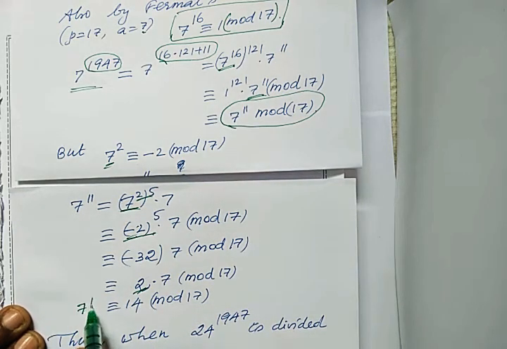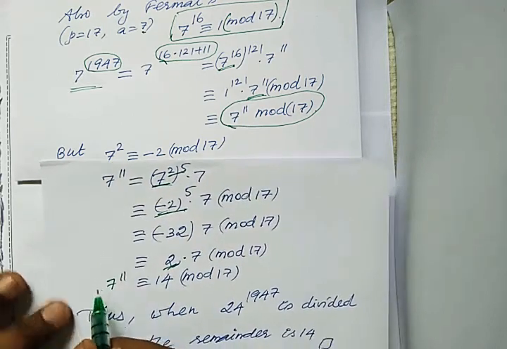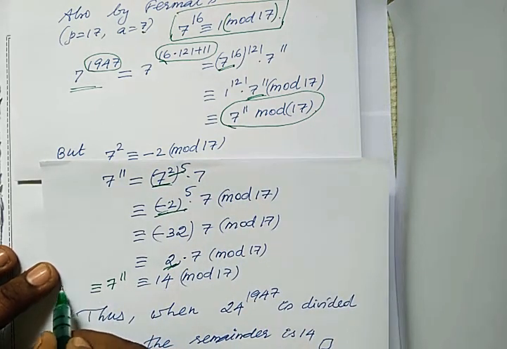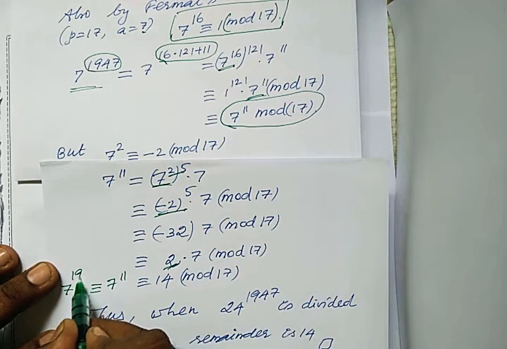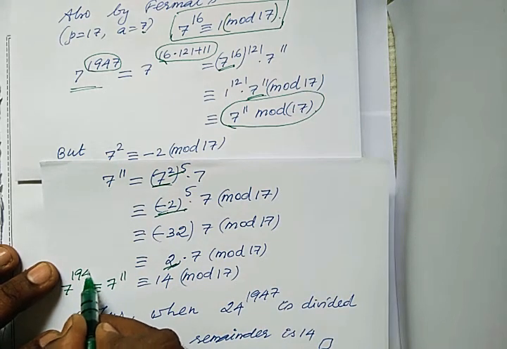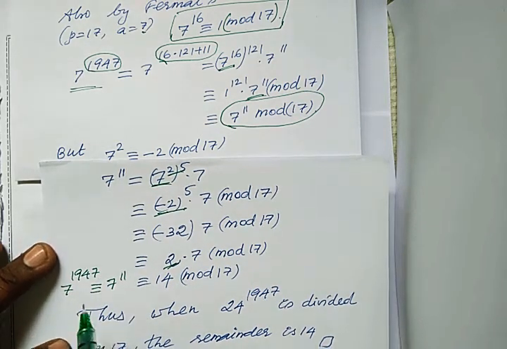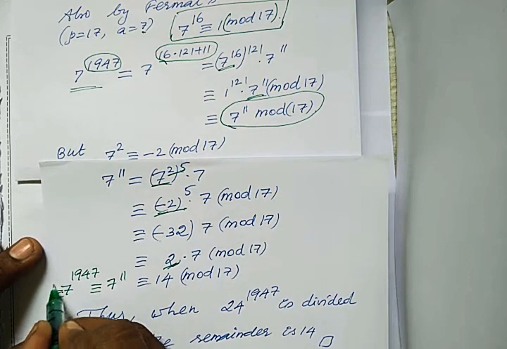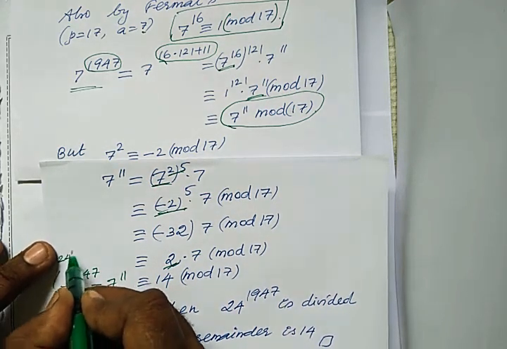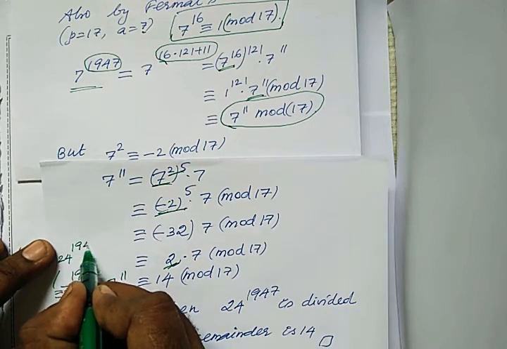So 7 to the power 11 is this one, and this is congruent to 7 to the power 1947, and this is congruent to 24 to the power this one.